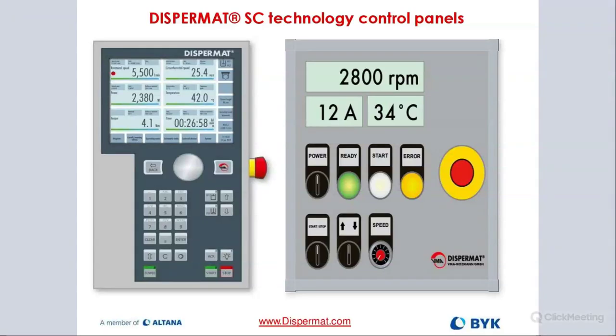We have different ways of actually running our machines. On the right, this is kind of like the standard production dissolver panel. Very simple, just the standard buttons. Safety is really critical. So in order for somebody to operate the machine, both hands need to be on the panel.